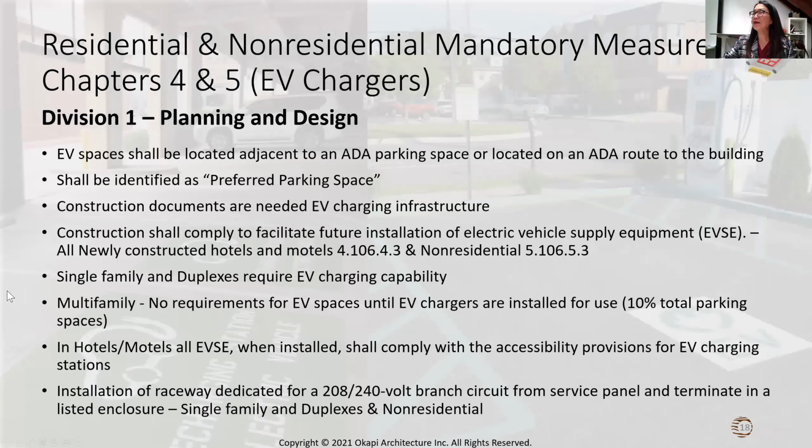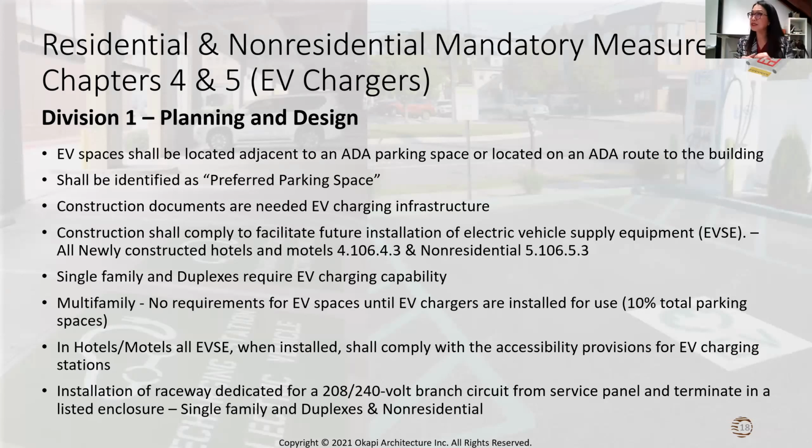And so what's under Division 1, Planning and Design? I just want to bring up that the most part we need to look at is the parking space. The preferred parking space, as an architect, remember, is preferred. So usually it should be next to ADA.